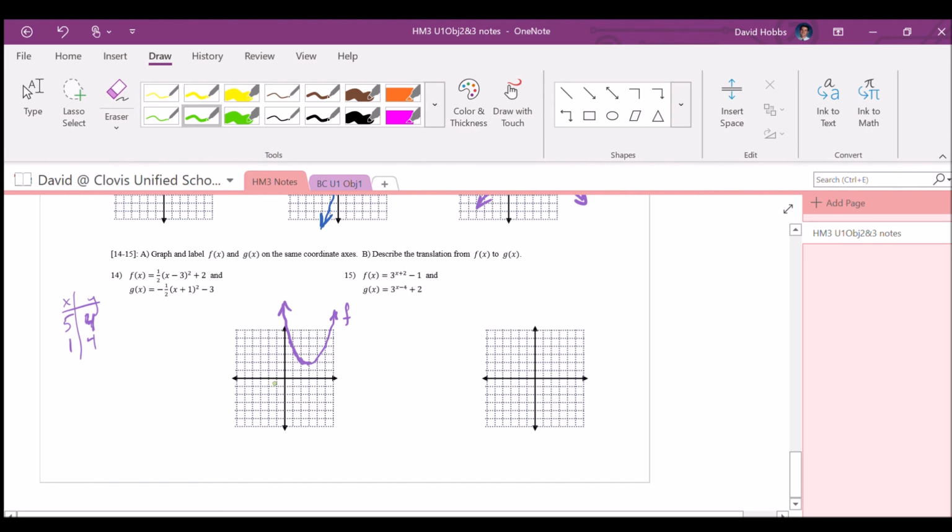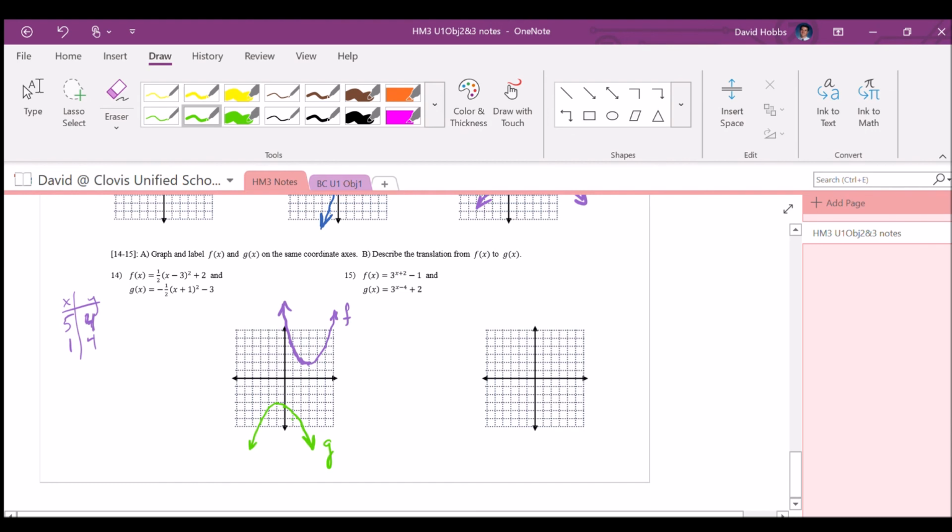And since it's the 1/2, it'll be the same. So if I go left and right 1, it'll be down 1/2. And if I went left and right 2, this one actually goes down 2 when I do that. And graph and label. So there's F and G.